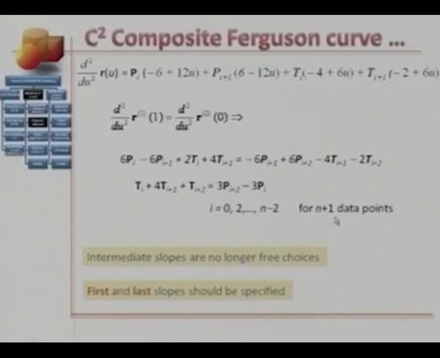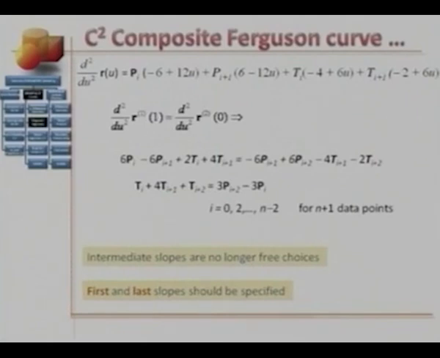Since we have n plus 1 data points and n plus 1 slopes, and since we have n minus 1 equations here, we have two free choices for the slopes. We can use the first and the last slope as free choices, and we can specify them.